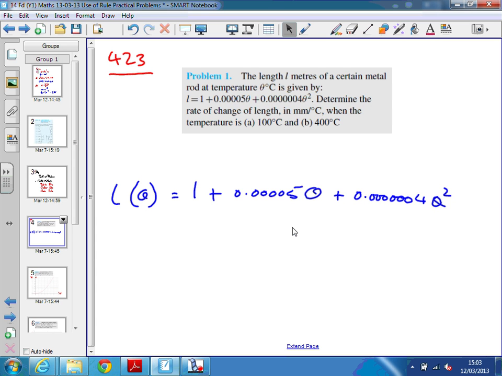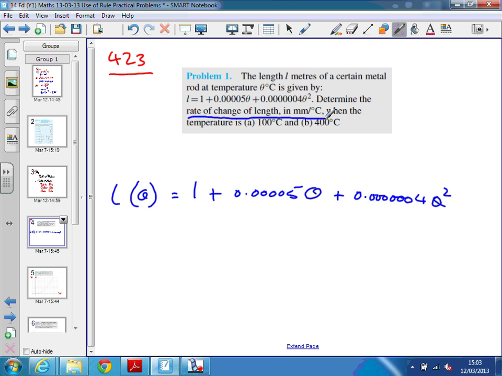The 1 comes from the fact that this is going to be the original length of the thing, whatever it was, plus this extra bit of length. So it looks like the temperature is having some sort of linear effect here and a square effect here. We've got to determine the rate of change of length in millimeters per degree centigrade.